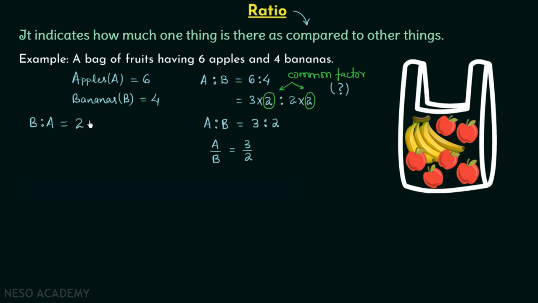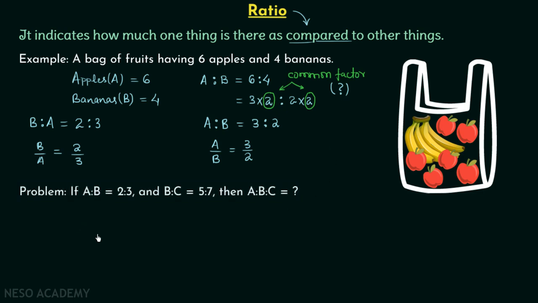Removing the common factor, we will have 2 ratio 3. Or we can write B over A equal to 2 over 3. In one case we have compared the number of apples to the number of bananas, and in the other case we have compared the number of bananas to the number of apples. So ratio is nothing but the comparison of similar things, and for comparison, we must have more than one thing.